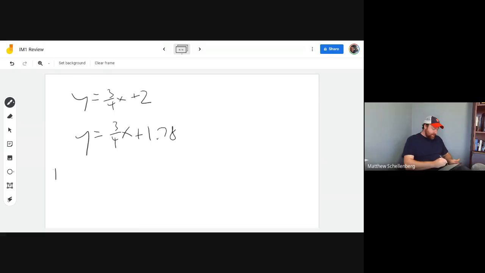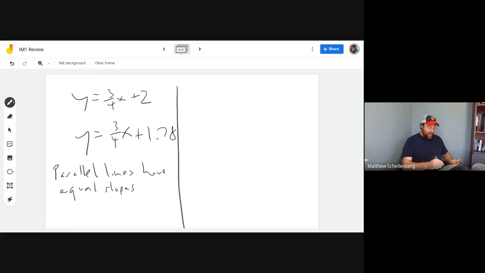So parallel lines have equal slopes. Well, perpendicular lines have negative reciprocal slopes.